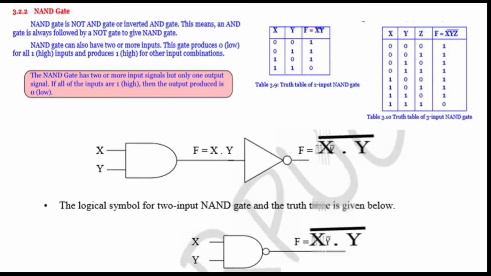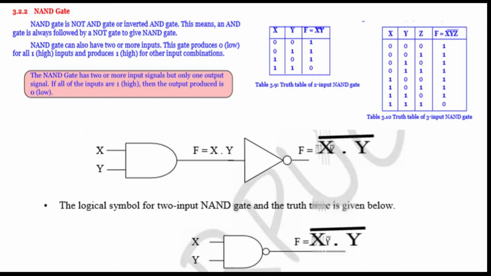And the NAND gate. So it is AND plus NOT. Okay, AND plus NOT is the NAND gate, and it has many inputs but only one output, same like NOR. But in the NOR there will be OR plus NOT, here AND plus NOT.